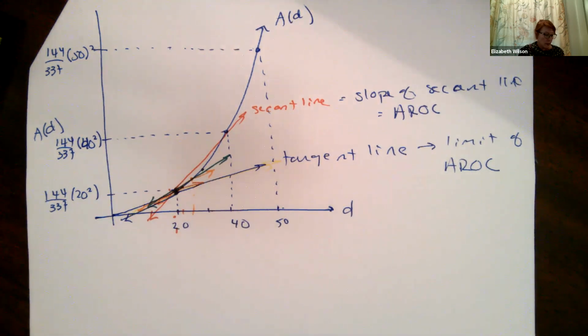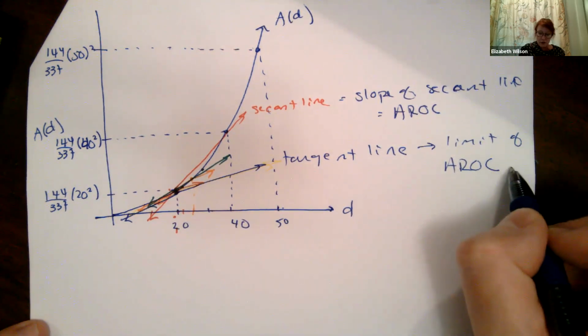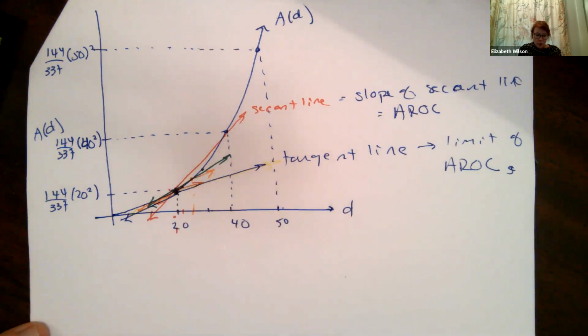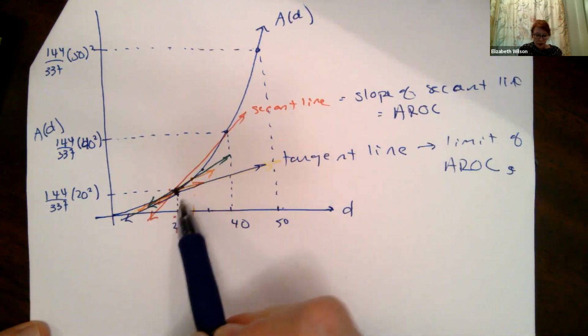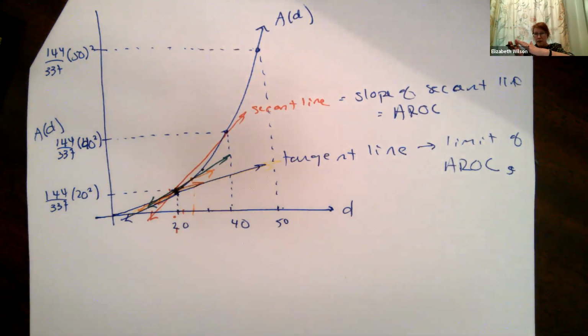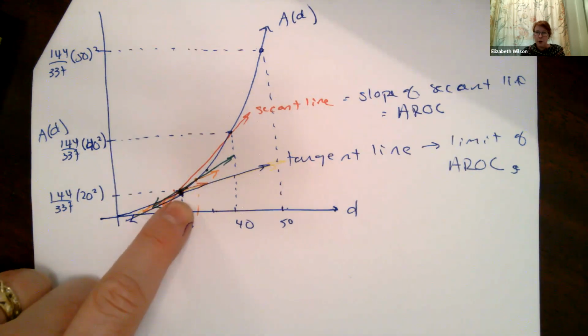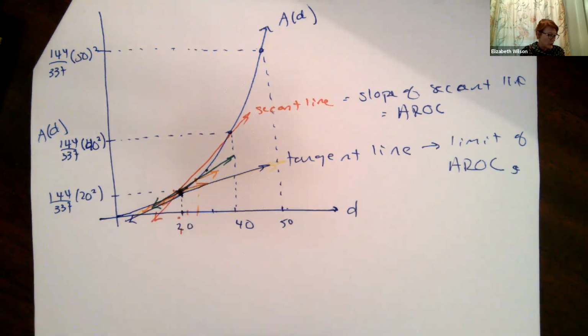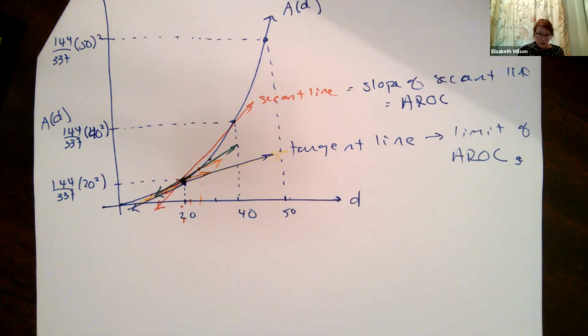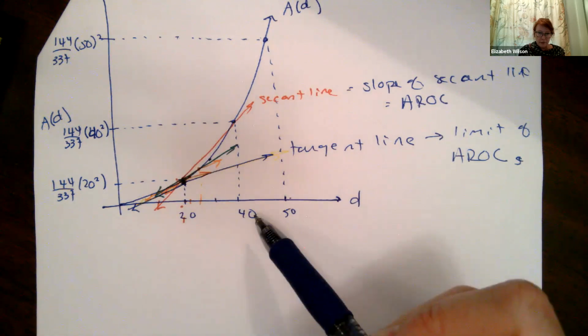So it's the limit of our average rates of change, okay? All of these secant lines, as I bring it down, I want to know what's my instantaneous rate of change right at this particular value. So I've got all these secant lines and I make all these secant lines, right? I get that distance really, really small. And then these secant lines approach my tangent line right at this particular point right here, okay? So this is kind of graphically, right, what we're trying to do.